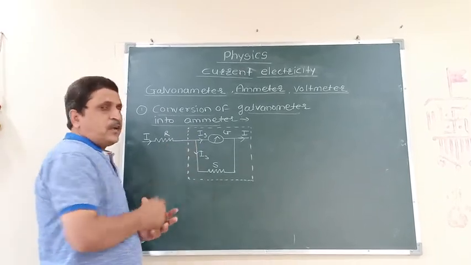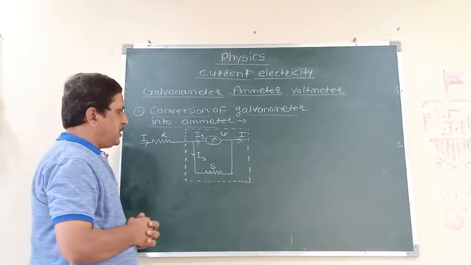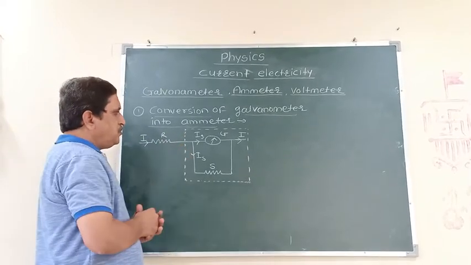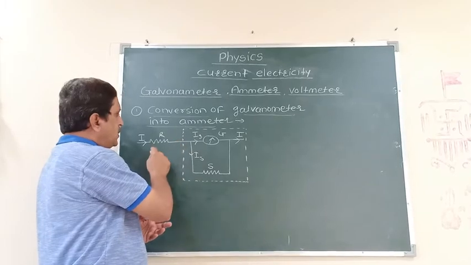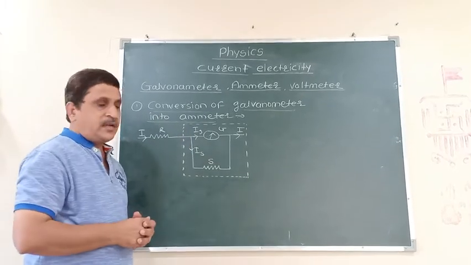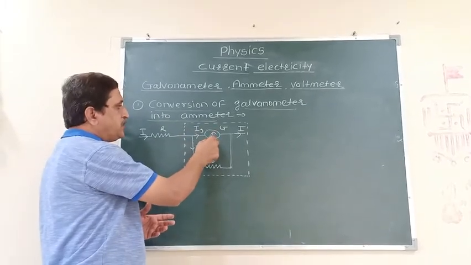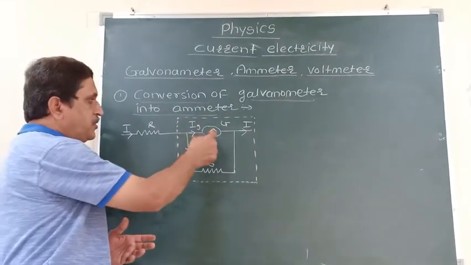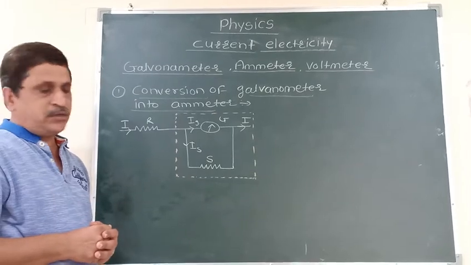Because if we use galvanometer for the measurement of electric current, then three different factors affect this. First, when current I is passed through the galvanometer, then the resistance of galvanometer itself is introduced in the measurement, and that's why that galvanometer cannot measure the actual current.